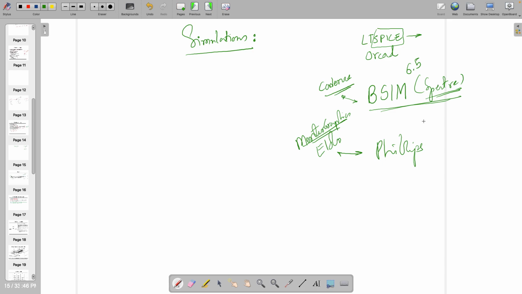This is around a 5-year-old model which we are using. That's why Cadence is giving us their license at a cheaper rate, because they are not giving the full version. But still using this you can simulate, design your circuit, send it for fabrication, and have your own chip.